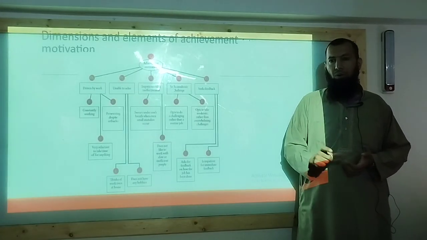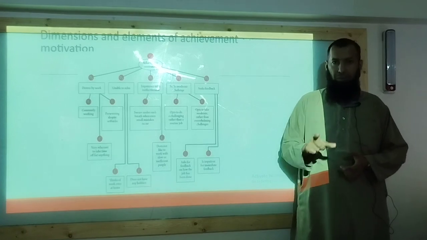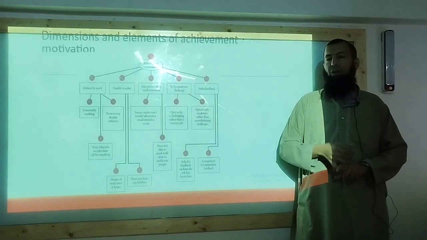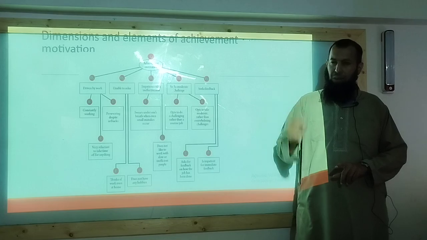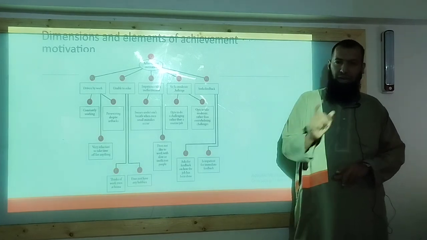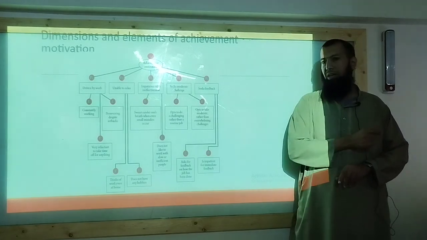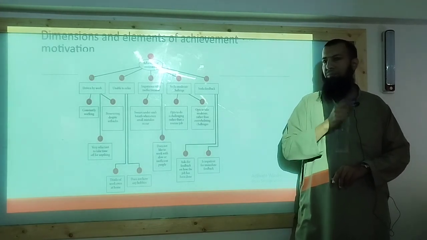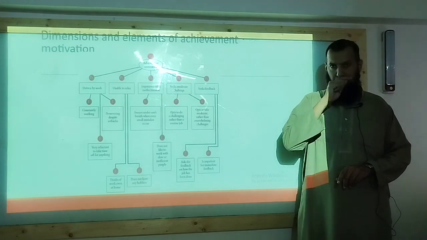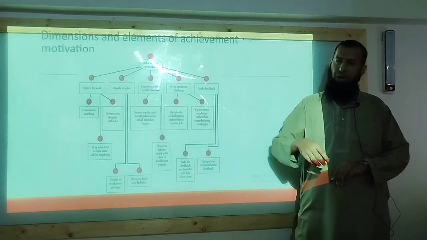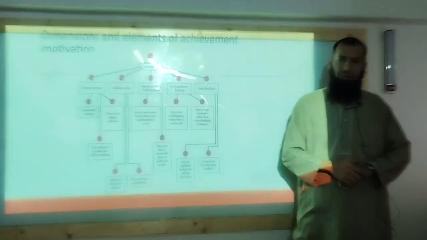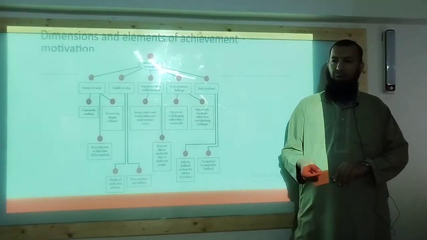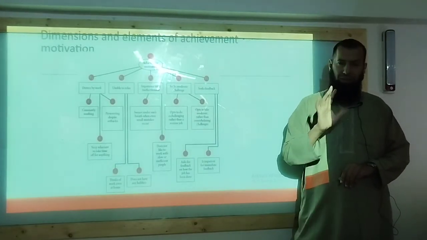Because I talked about the subjective variable, I did not say that only a variable which has dimensions may have elements. I said every subjective variable may have dimensions, and every dimension may have multiple elements. One element must be there, but it may have multiple elements. And every element may have multiple items. This is very, very important.